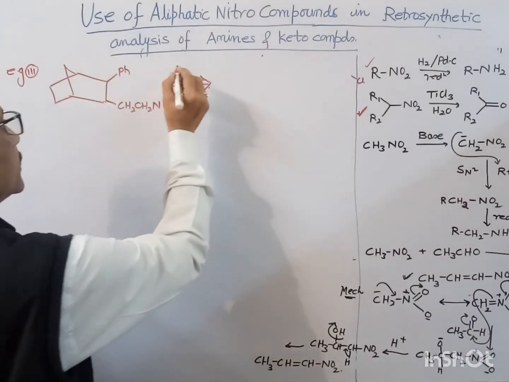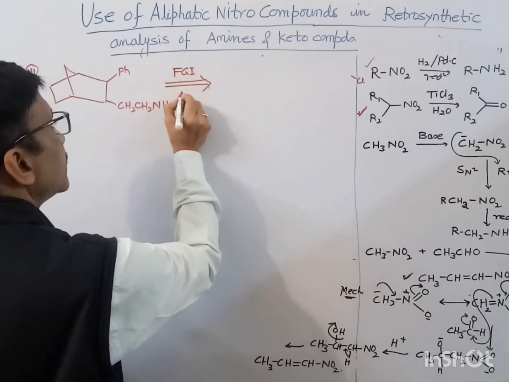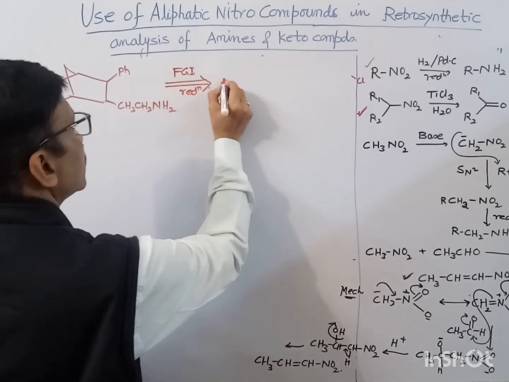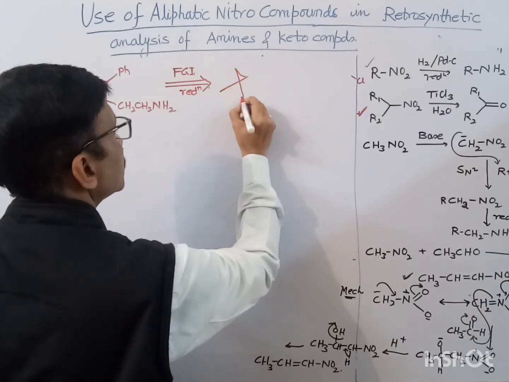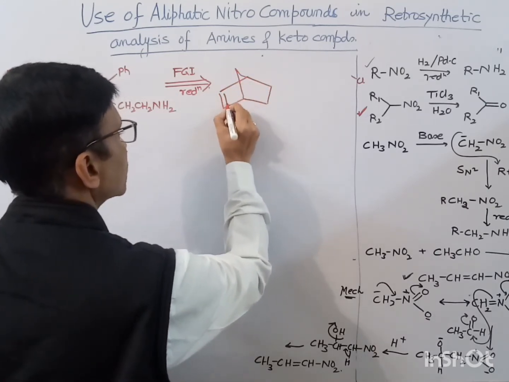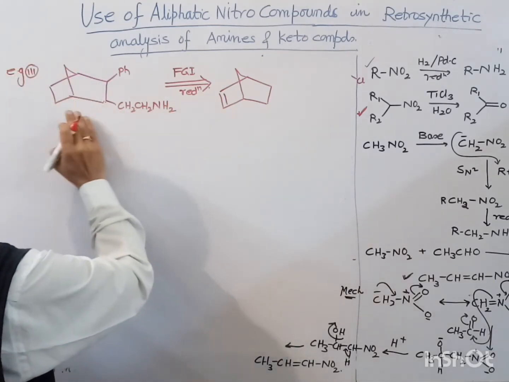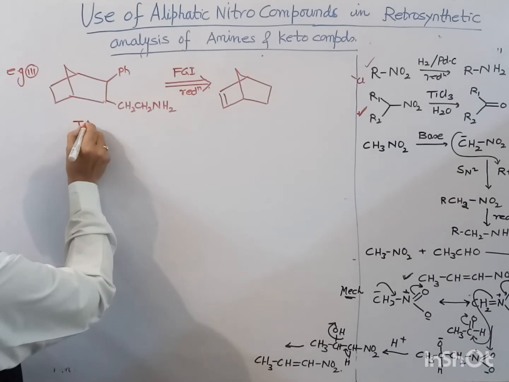So that can be converted into the alkene molecule via FGI. I can write it. This will give a double bond over here. So this alkene, on reduction, will give you this target molecule.